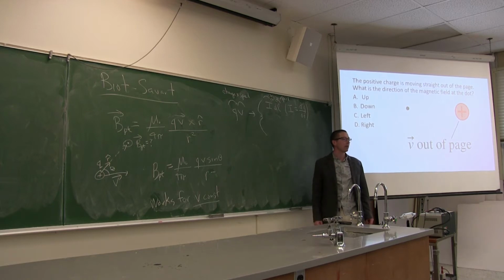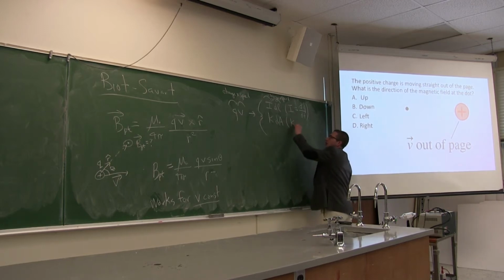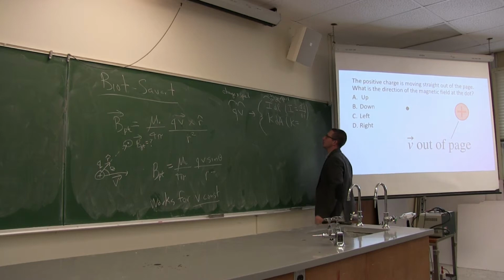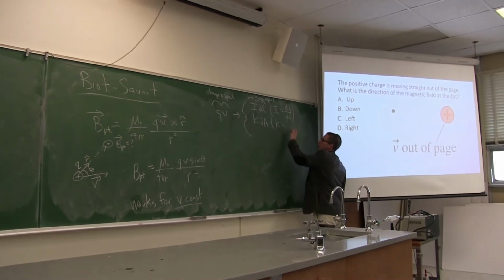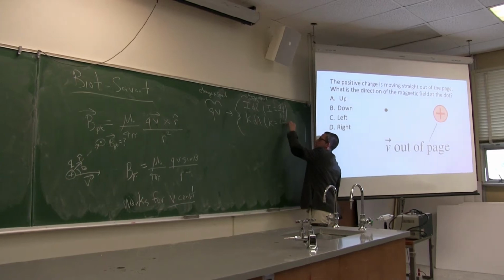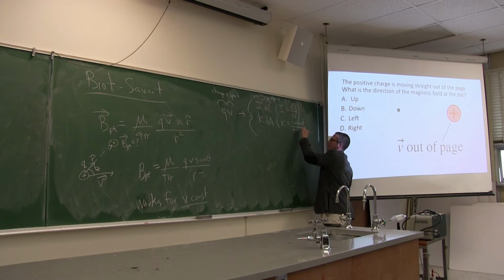Now, let's say I'm dealing with not a linear current, like a really thin wire. Let's say I'm dealing with a surface current. So K is surface current density, and K is equal to current per unit length.